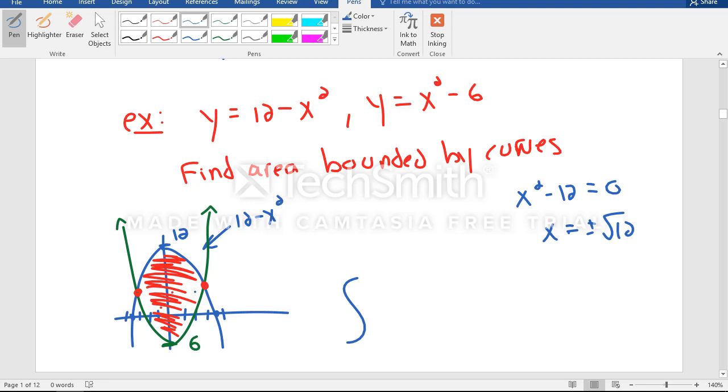In this region where the area is being bounded, the upper curve is the inverted parabola, 12 minus x squared. And my lower curve, in this particular region, is the green curve, x squared minus 6.